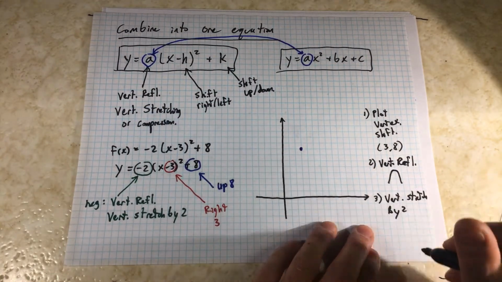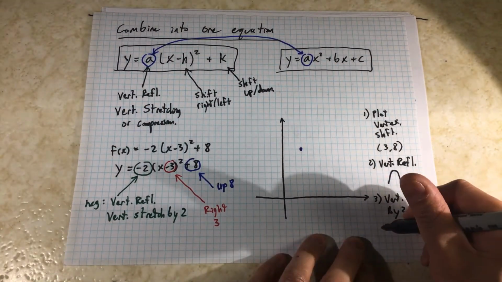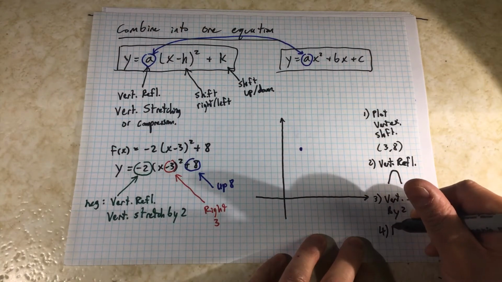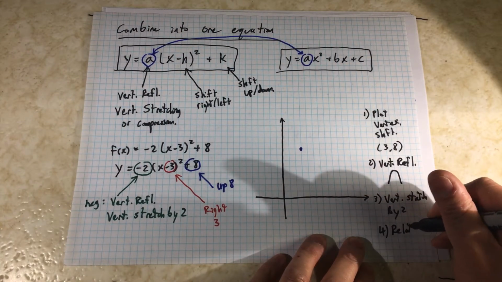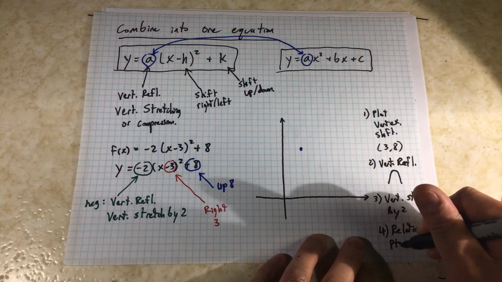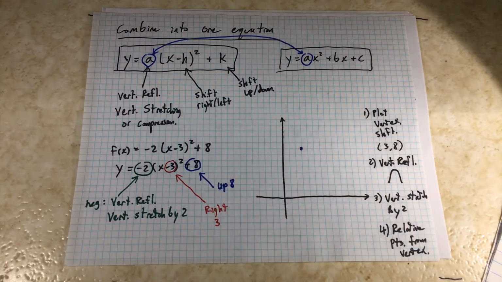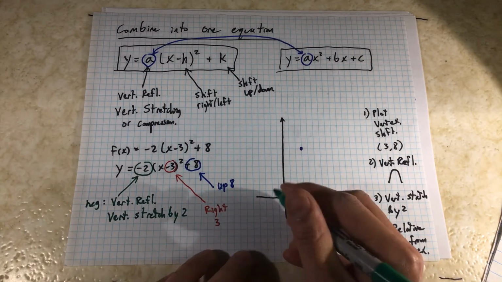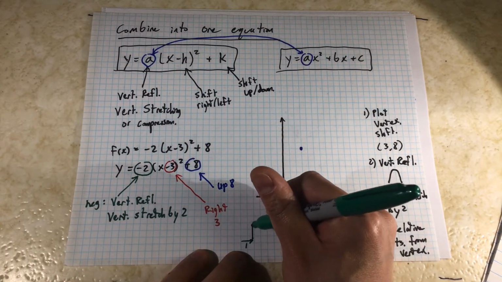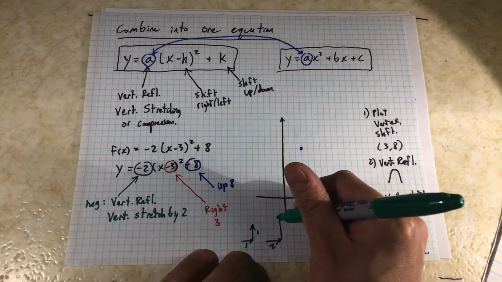So that's going to affect how we do these relative points from the vertex. Okay. So normally, remember that we would go over 1, up 1, over 2, up 4.